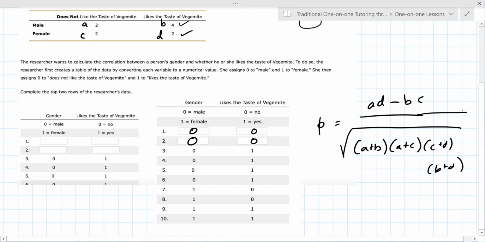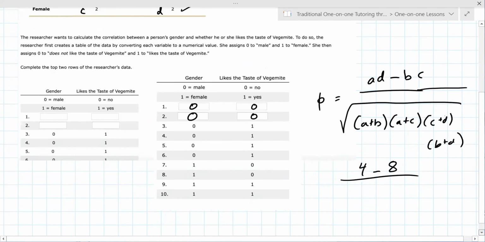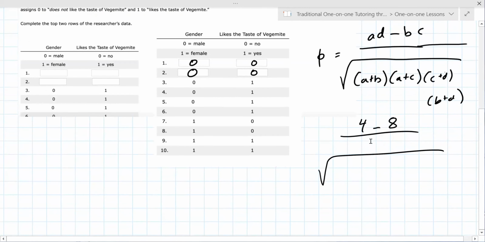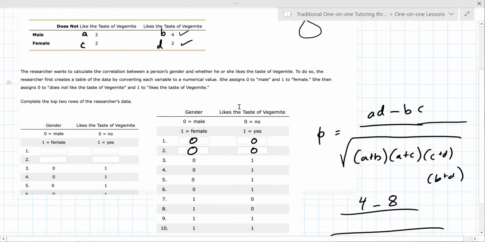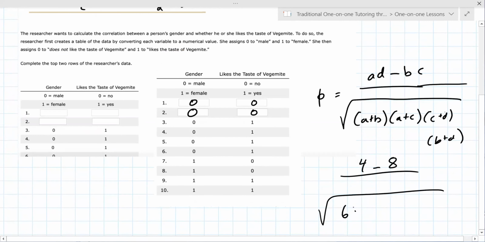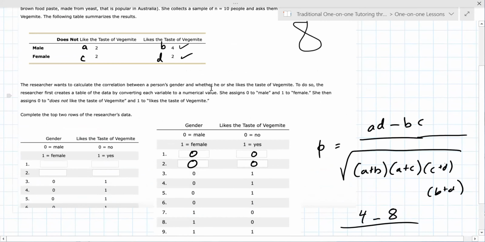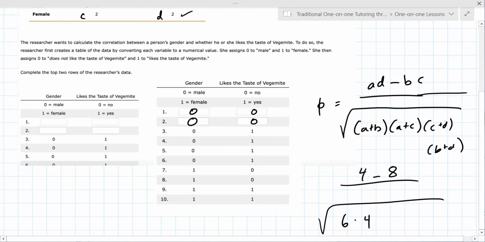All right. So you multiply diagonally, so it's 4 minus 8, so it's definitely negative, over the square root of A plus B, that's 6, A plus C, 4, C plus D is 4, B plus D is 6. Okay, these are all multiplied.